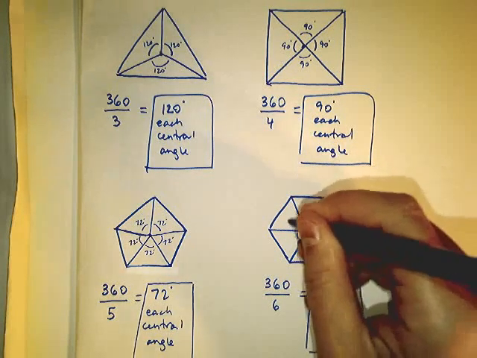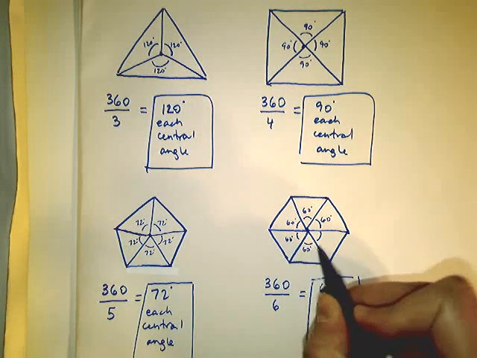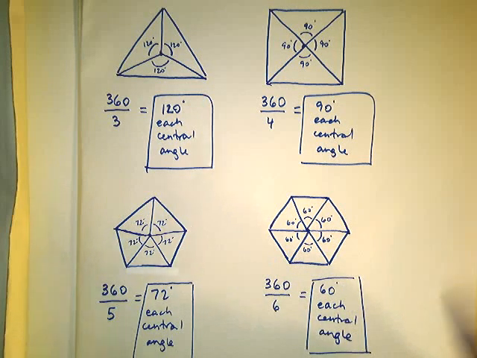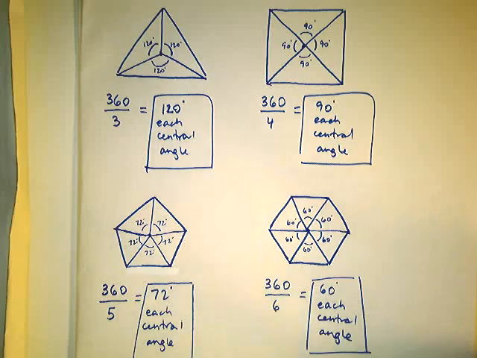Now, obviously you can do this forever. You could draw a 7-sided shape called a heptagon and take 360 and divide by 7 to figure out what each central angle is, or a regular octagon. You'd take 360 and divide by 8, and so on and so on if you wanted to.